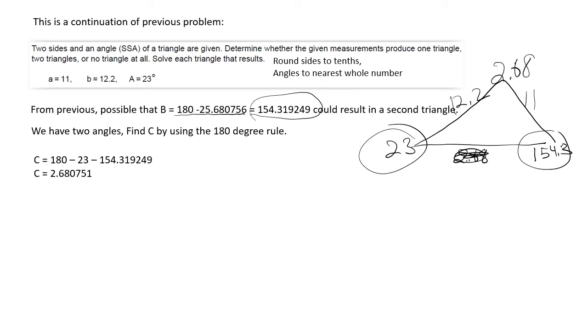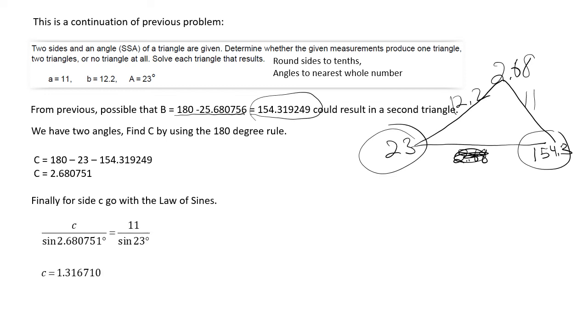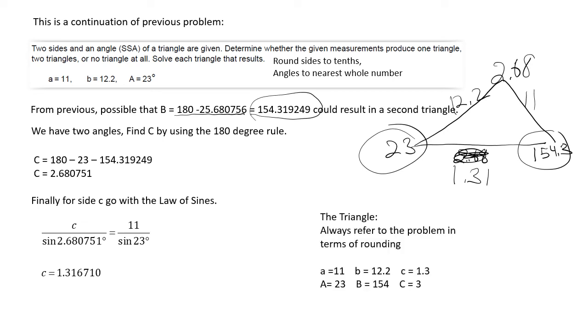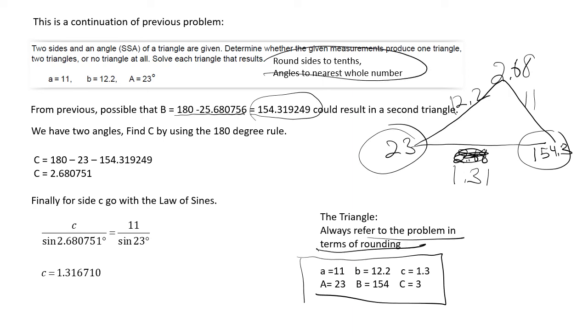That's our angle. We can then find side C with the law of sines. We don't have any issues here, so we will get a second triangle. And that second triangle has the following results right here. And again, based upon how we were asked to round.